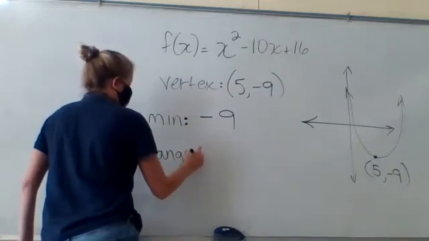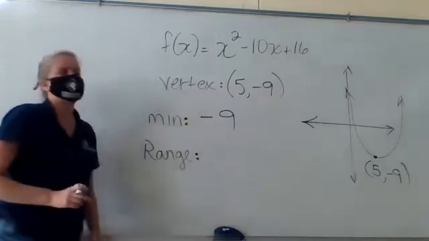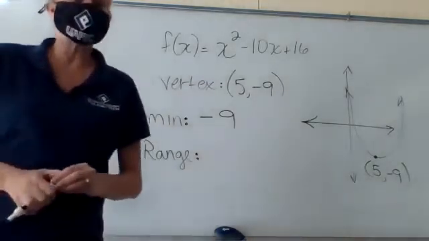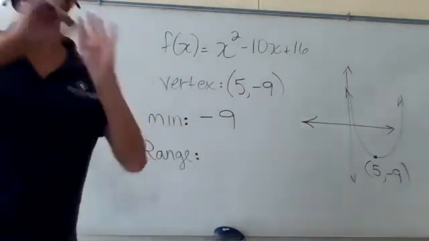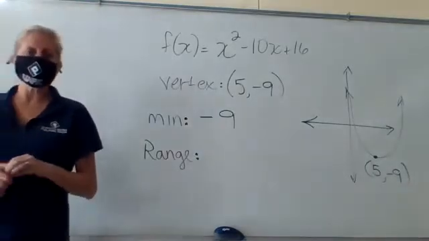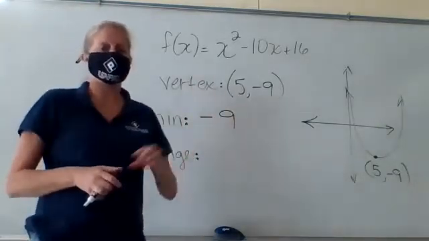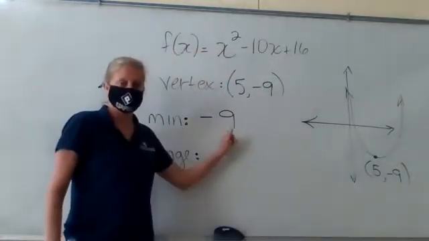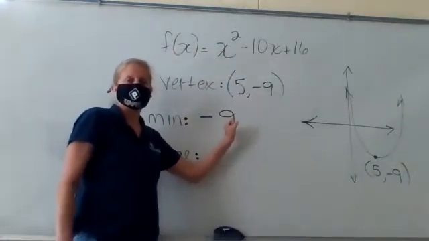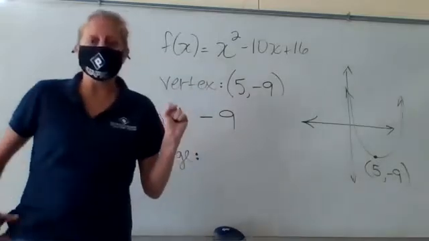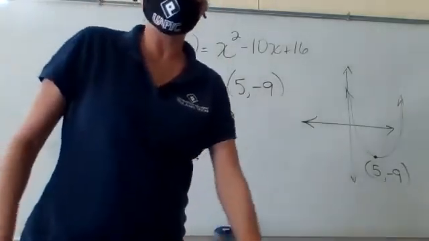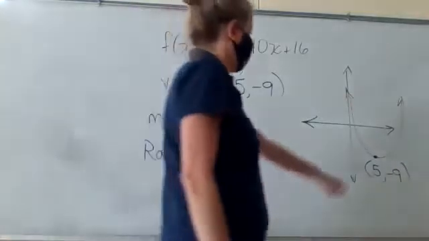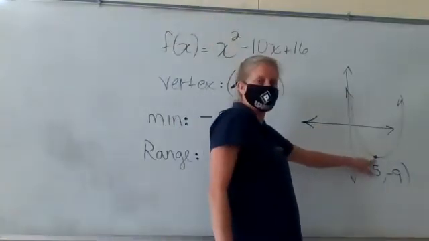The next thing it's going to ask you is what is the range of this parabola, which is asking me what are all the y values? What is everything that y is on this parabola? Well, let's see. We have found that the minimum y is -9, which means that's as low as the range goes. The y values never go below -9, right? They don't ever go below this point.